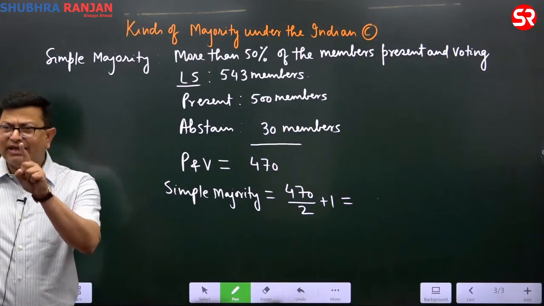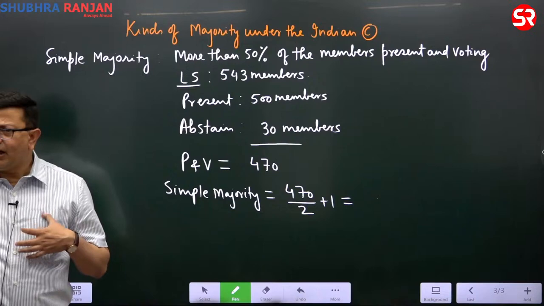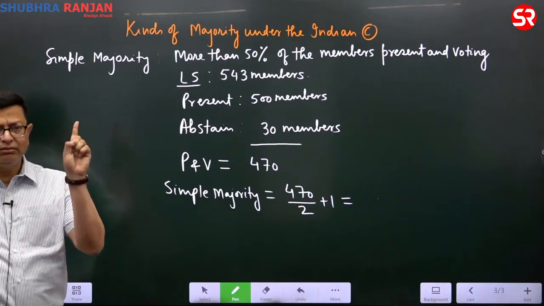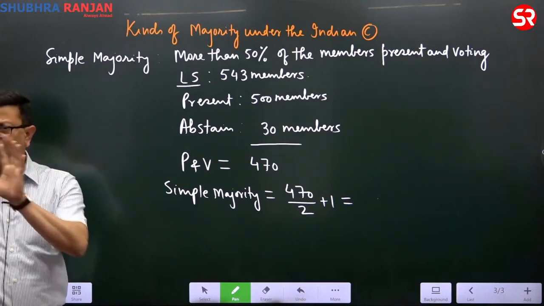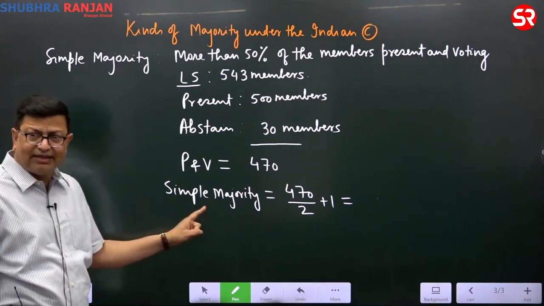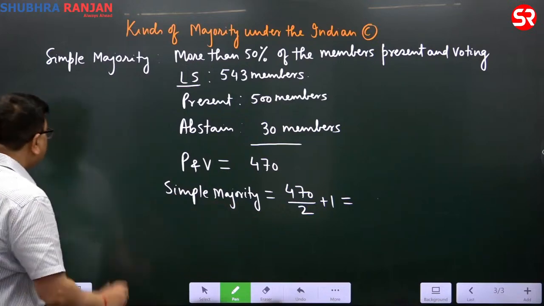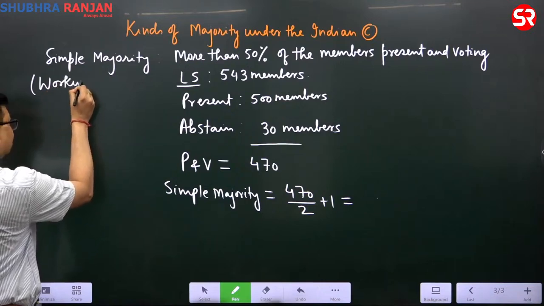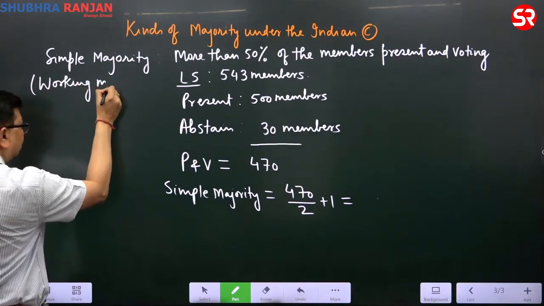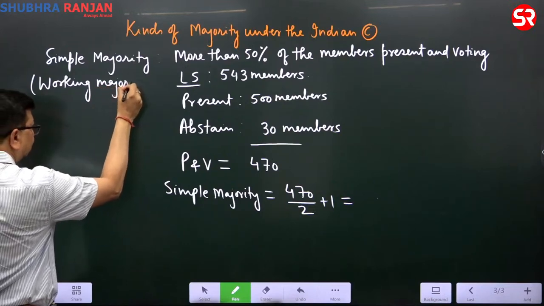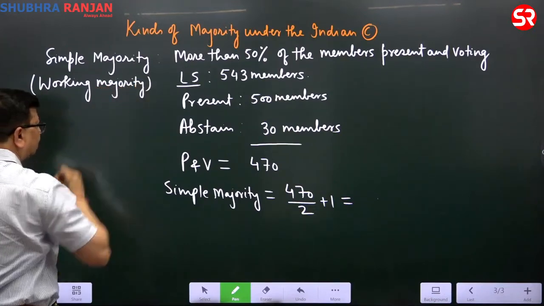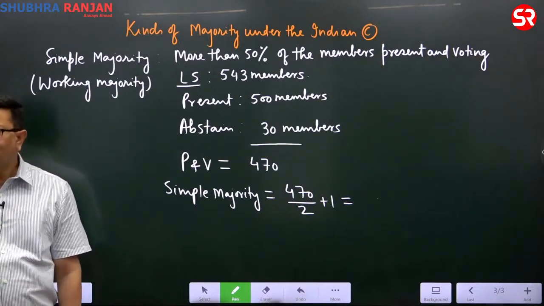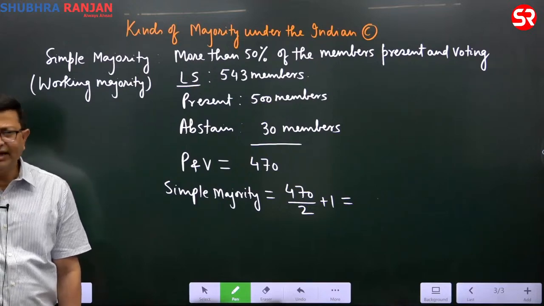Even if a member is present in the house and he is not taking part in the voting, he will not be counted. So this is simple majority. It is also known as working majority.